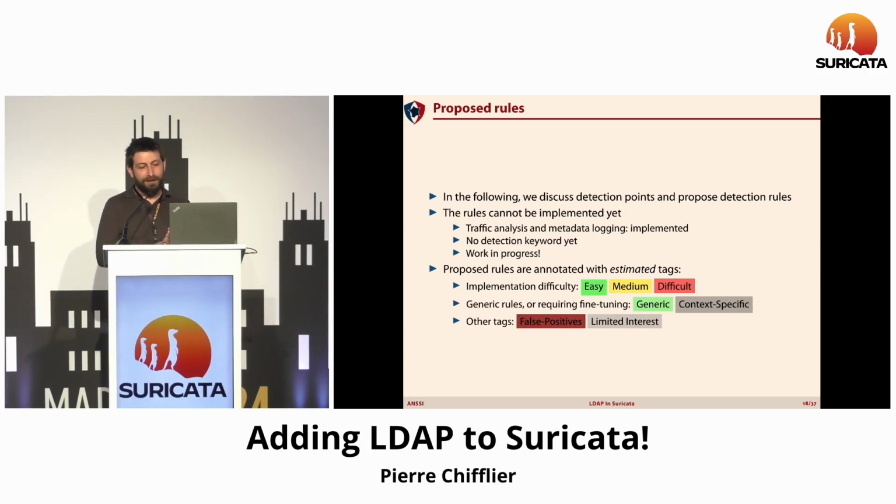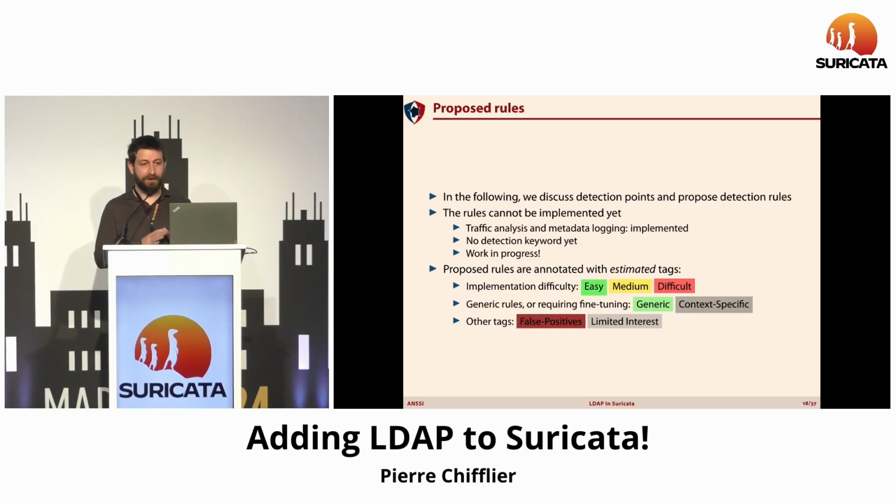So what I will do is stop talking about technical details. I will try to give a few words about what LDAP is useful for, to propose detection rules that are currently not possible. I would like to stress that point. We can't because we did not do all of the work.